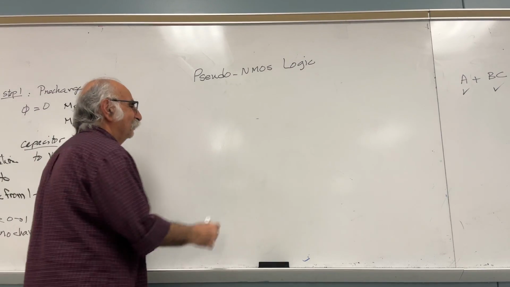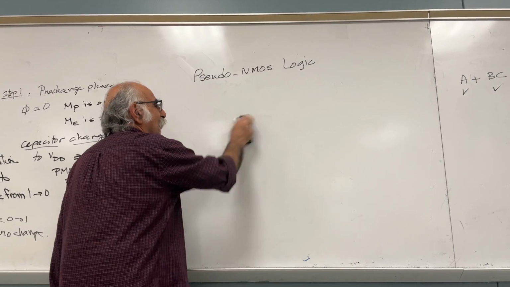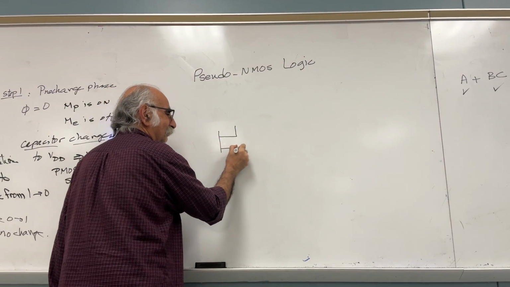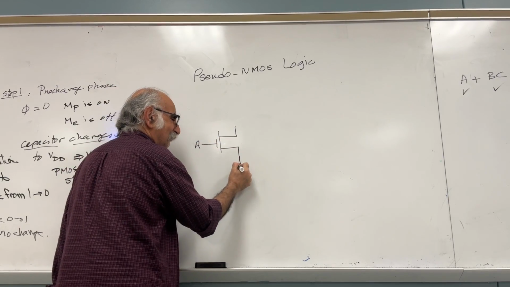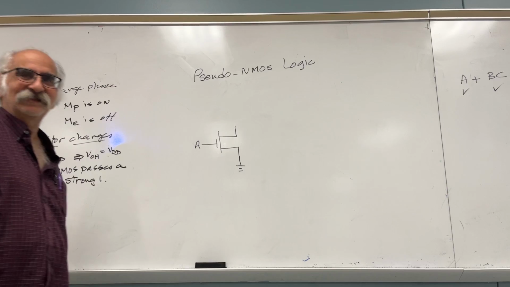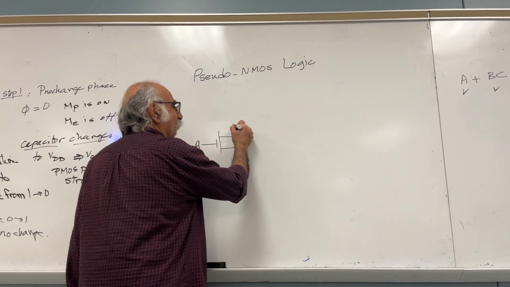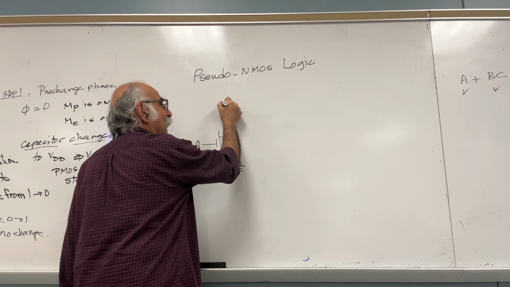No clocks in here. So, let's assume pseudo-NMOS logic for an inverter. This is A. This is the NMOS. For static logic, what should it be?